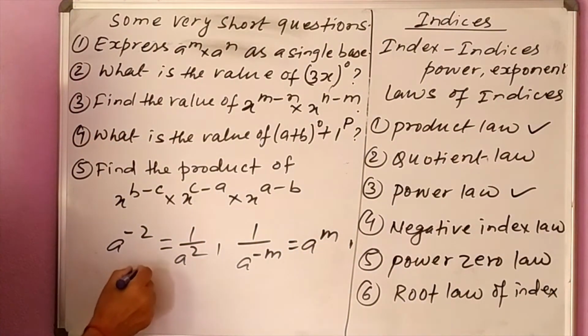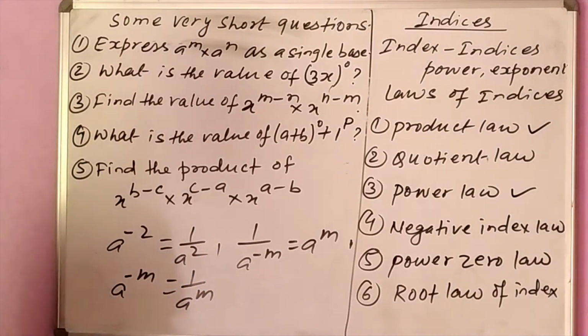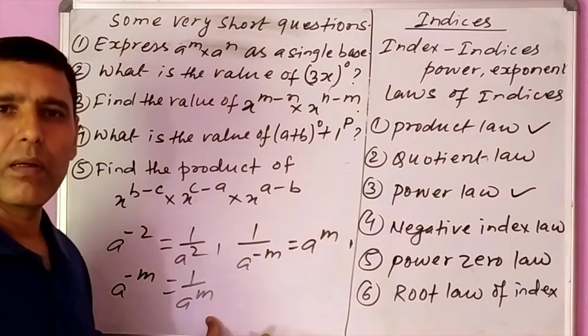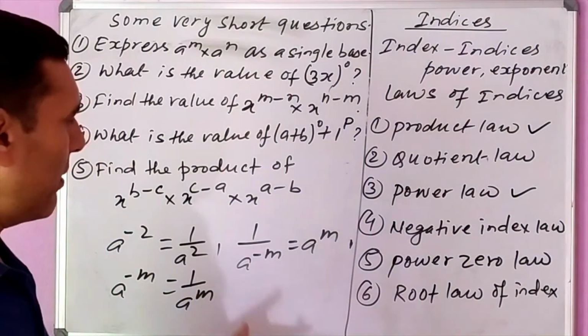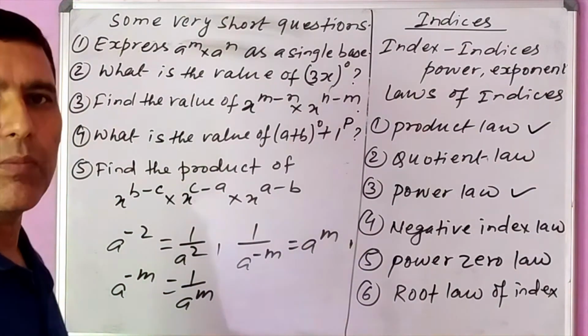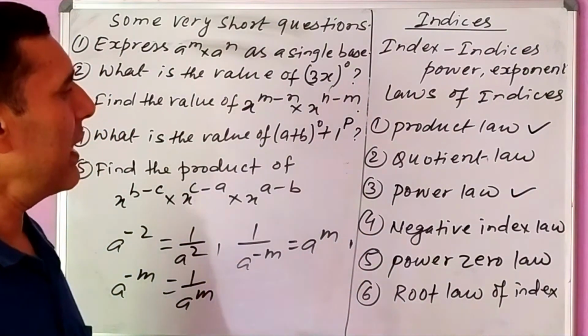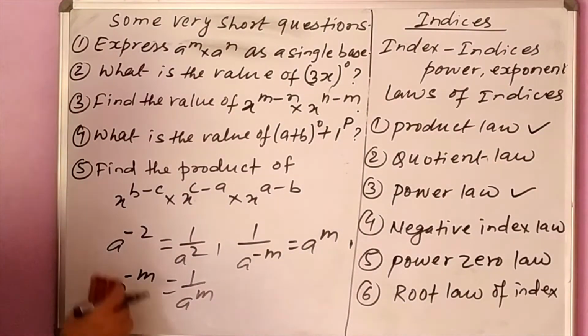Or a to the power minus m is equal to 1 upon a to the power m. So when a power is transferred from numerator to denominator or denominator to numerator, its sign changes. This is known as the negative index law.